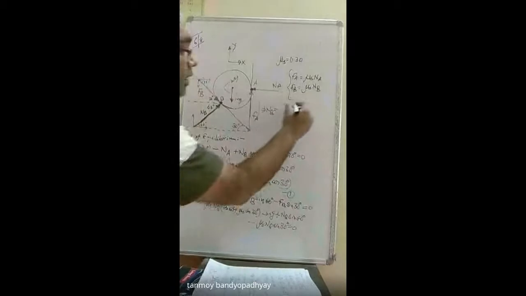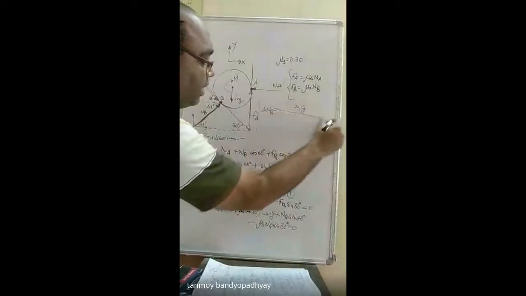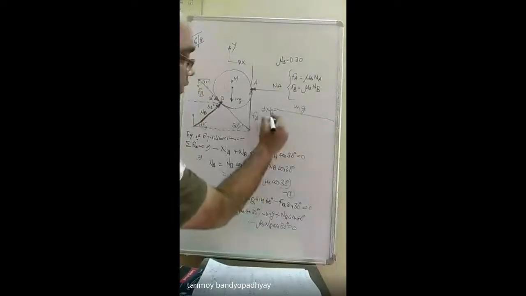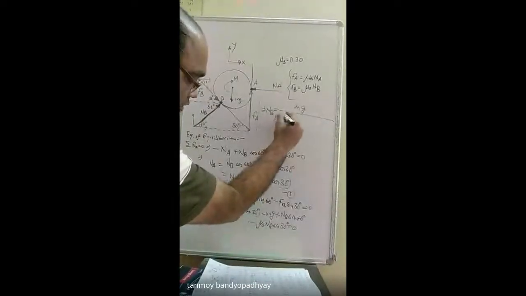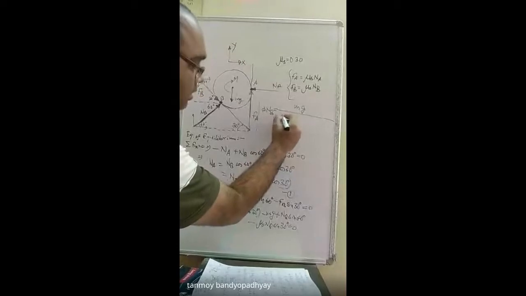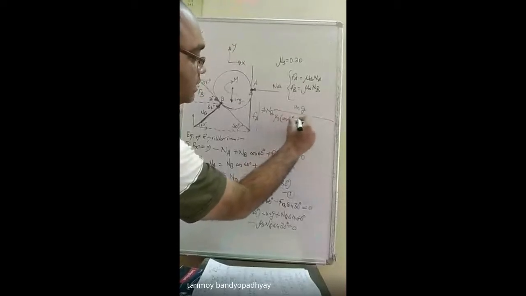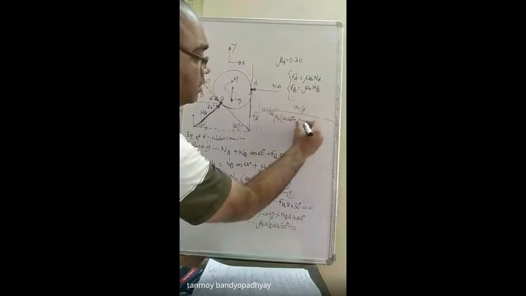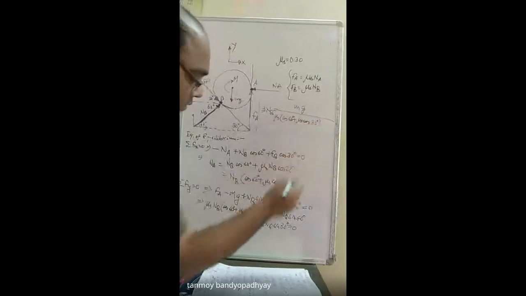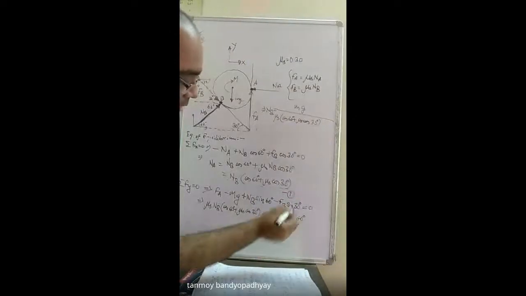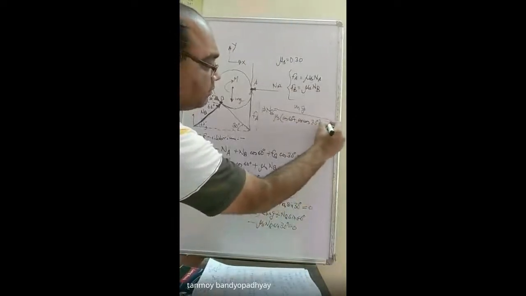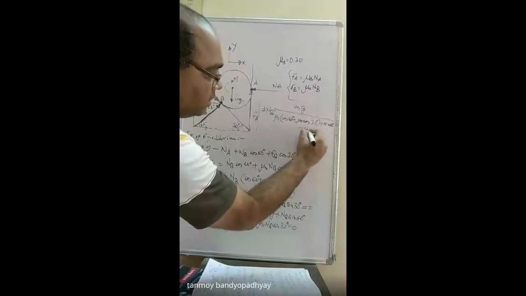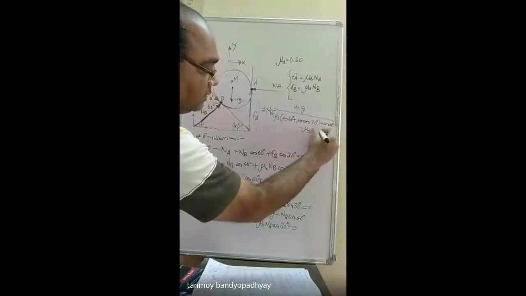So এটা actually এরকম আসবে, so it is mg divided by এই পার্টটা, mu s into cos 60 plus mu s cos 30 plus sin 60 degree, and this one, so minus mu s sin 30 degree.